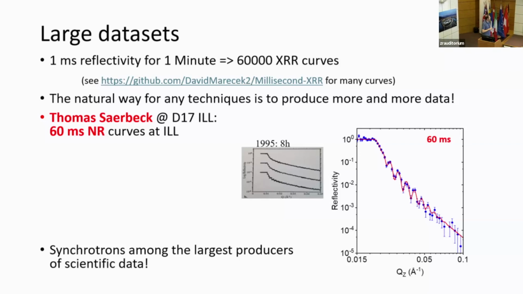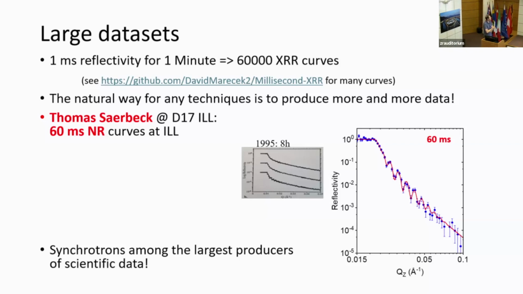And I was completely shocked when I spoke to Thomas Saerbeck here, because I always thought neutrons are slow. And then he showed me this curve, a 60 millisecond neutron reflectivity curve, and he said that in 1995 this was an 8-hour experiment. That's my prejudice, that neutron scatterers are gentlemen scientists who go skiing in Alpe d'Huez. But no, they are getting fast as well.